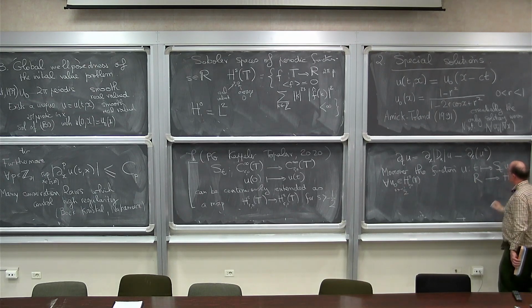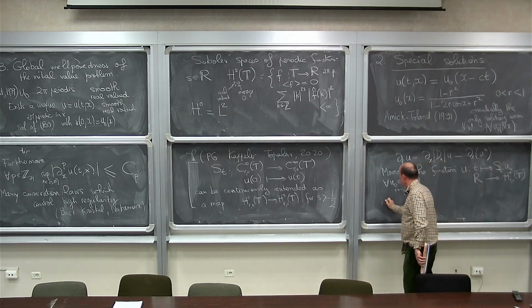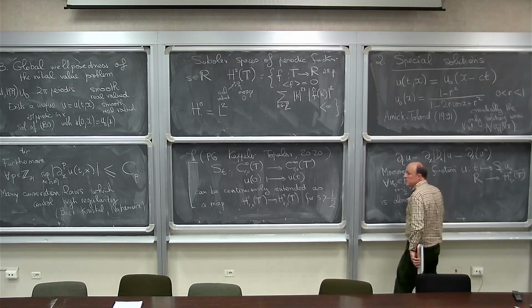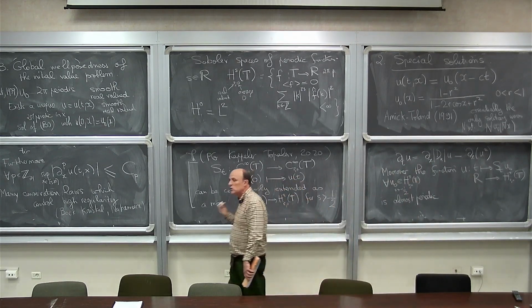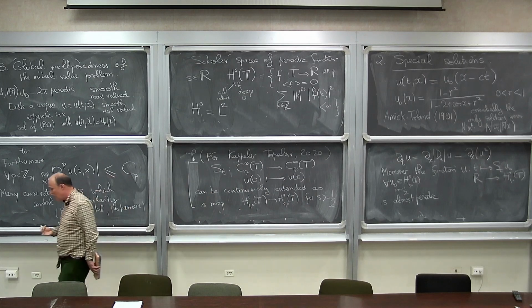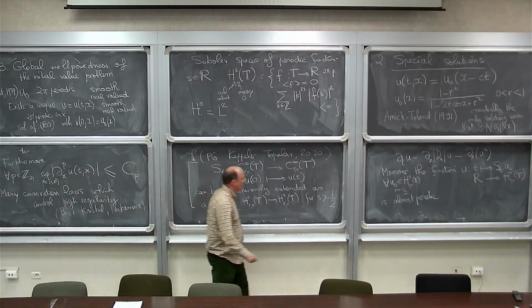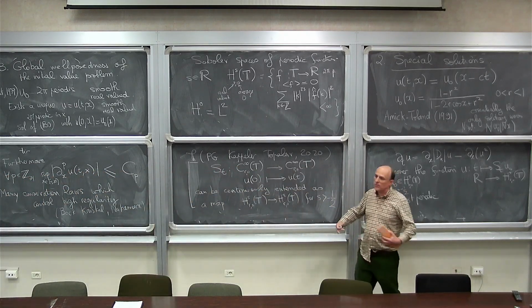It has the following property: it is almost periodic. Almost periodic, what does that mean? It's a definition that was introduced by Harald Bohr. Harald Bohr was the brother of Niels Bohr. And Harald Bohr said that almost periodicity is something very nice.